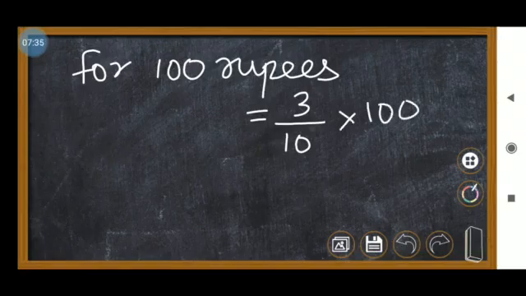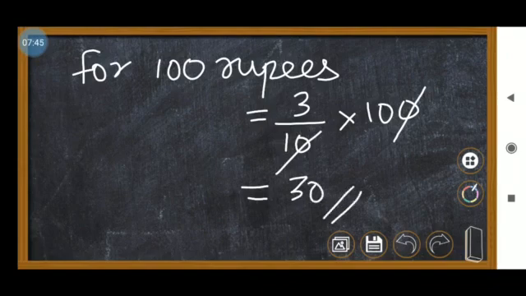The 10 cancels, so 3 into 10, which is 30. So 30 is the right answer. 30 envelopes can be purchased for 100 rupees.